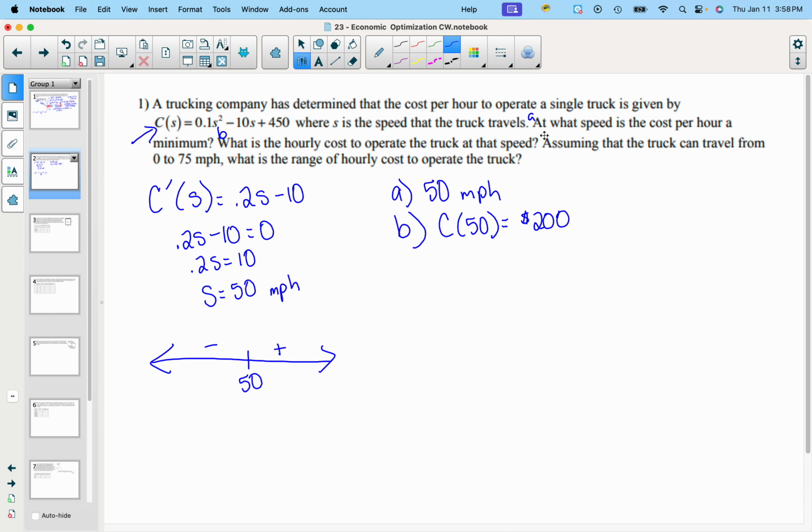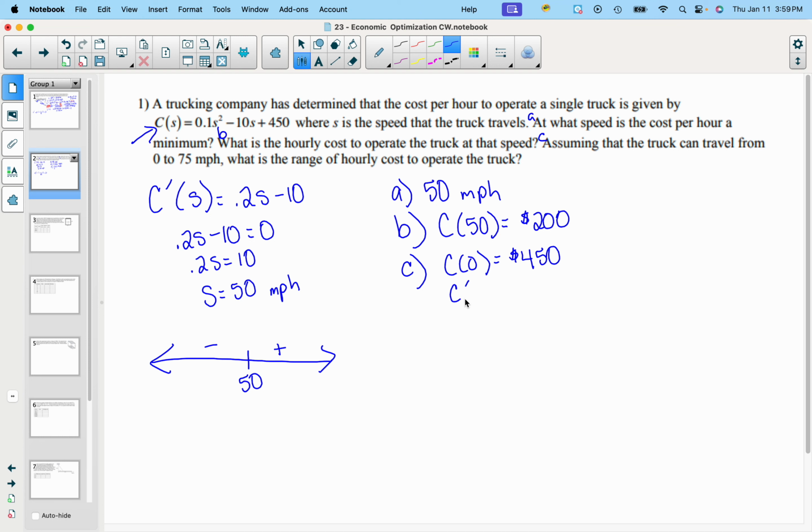And then the next part we'll call part C. Assuming that the truck can travel from 0 to 75 miles per hour, what is the range of hourly cost to operate the truck? So if you evaluate C of 0, plugging in a 0, you would get 450.